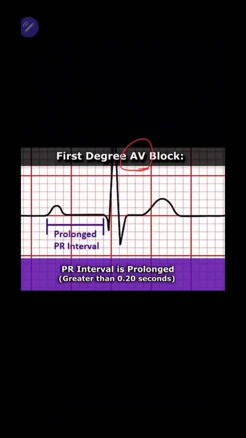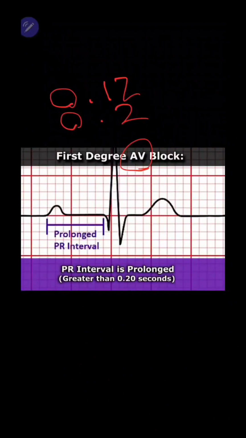A normal PR interval should be between 0.12 to 0.2 seconds, or 3 to 5 little boxes. In other words, if your PR interval is longer than one big box on your ECG paper, then you're dealing with a first-degree AV block.